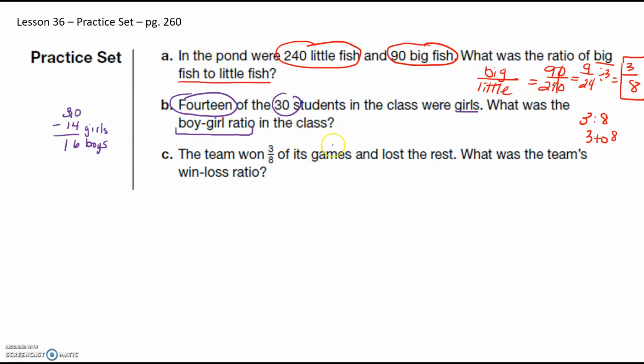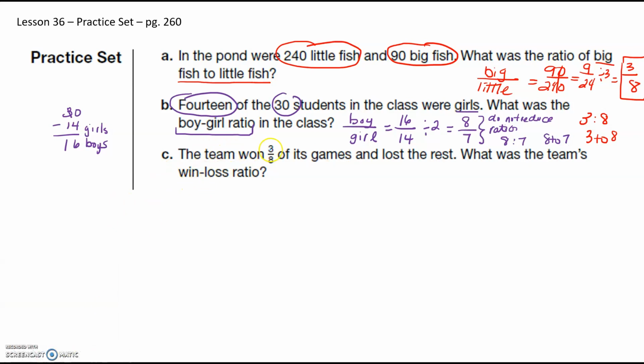Okay, so boy-girl ratio is going to be 16 over 14. And I'm going to divide that by 2, which gives me 8 over 7. Now, I'm not going to reduce this because it's a ratio. Do not reduce. Okay, and again, it can be either 8 over 7 or 8 to 7, however you want to write your ratio.